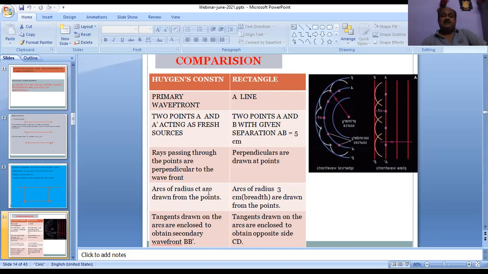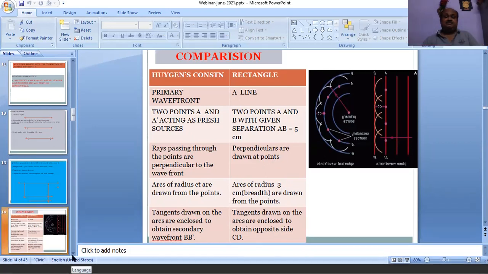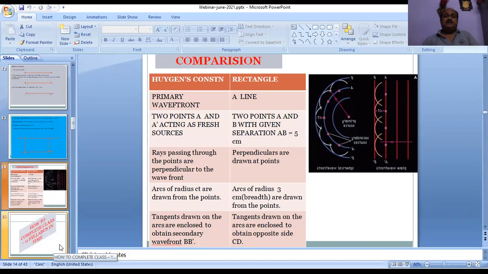Arcs of radius ct are drawn from the points, and arcs of radius 3 centimeter, which is the breadth, are drawn from the points. Tangents drawn on the arcs are enclosed to obtain the secondary wavefront, and here tangents drawn on the arcs are enclosed to obtain the opposite side CD of the rectangle. That's all. Thank you.